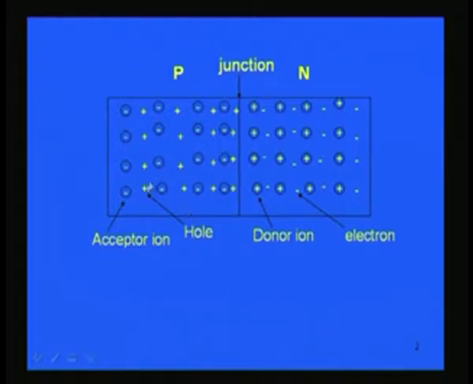So, if we consider now this p-type and n-type semiconductor making a junction between them, then here we can notice that the p-type semiconductor has the acceptor ions as well as the carriers, which are holes, positively charged carriers, and n-type semiconductor has donor ions and electrons.